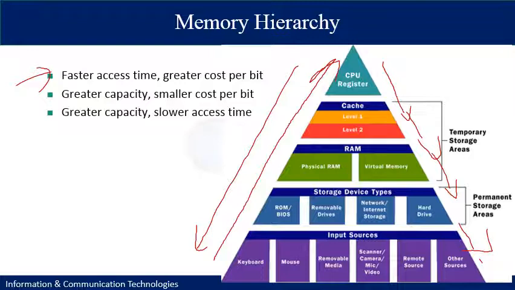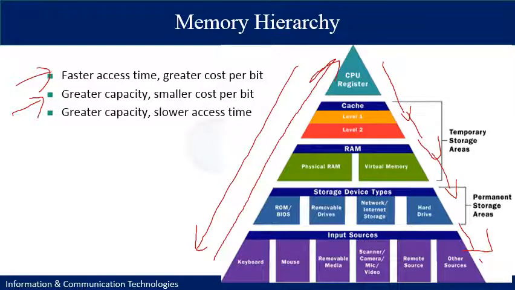So to increase the speed of your memory device, you have to increase your expenditure per bit, because CPU registers are much more expensive than the input sources or even the RAM or cache memory. So you have to make the trade-off between these access times.